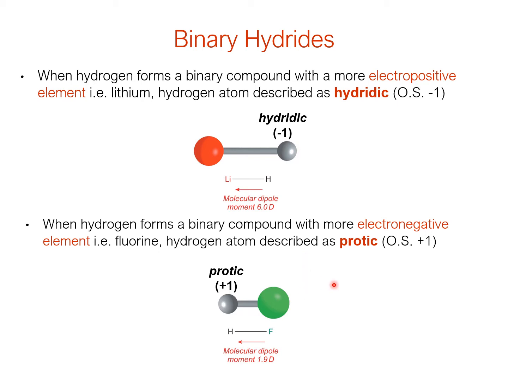Whereas if it forms it with a more electronegative element, so the ones on the right hand side, like the halogens, oxygen, nitrogen, things like that, it's then called a protic hydride, or protic hydrogen. And this is because it's in the oxidation state +1.